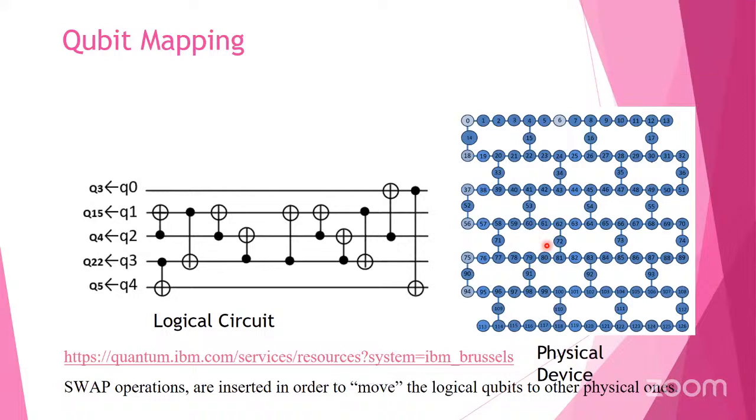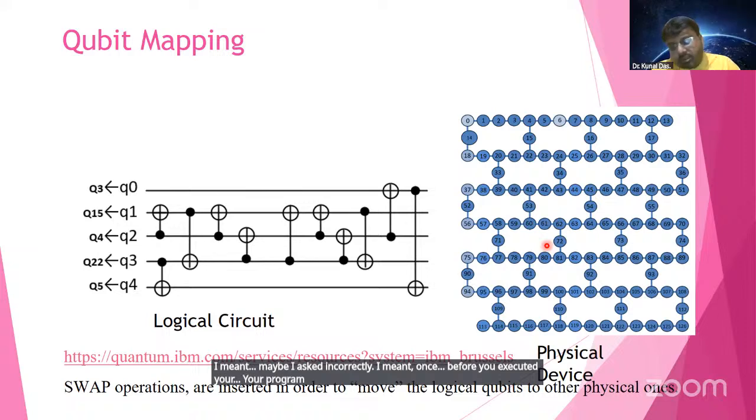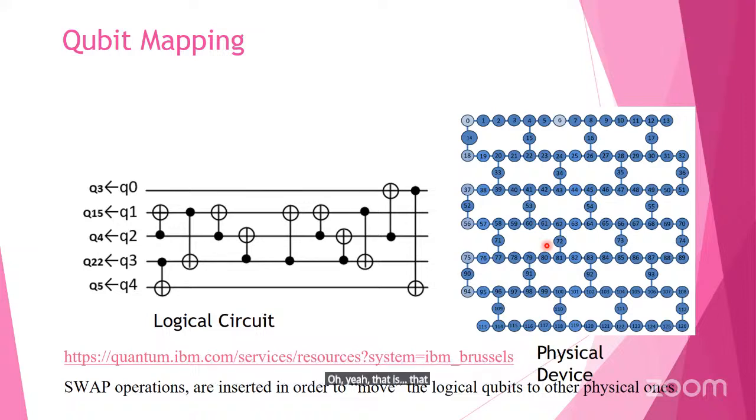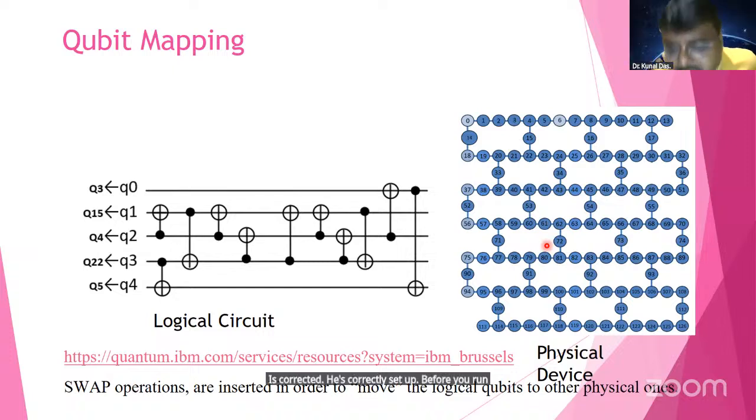I meant, maybe I asked incorrectly. I meant once before you execute your program, physically, that is done, or it's just the mapping, just to verify that the mapping that you've done, your optimization, is correctly set up before you run.